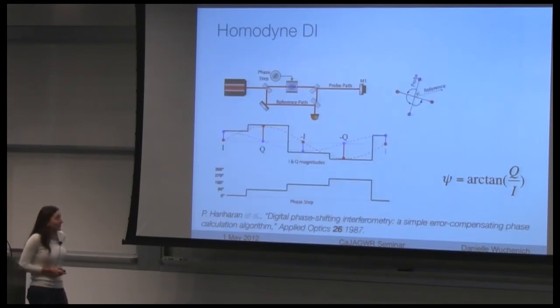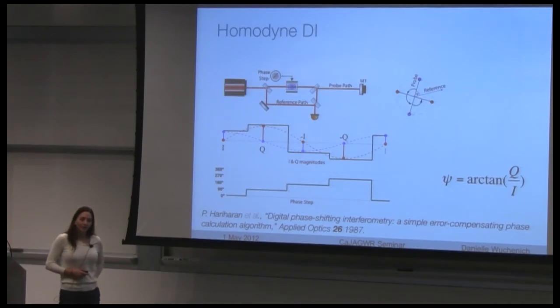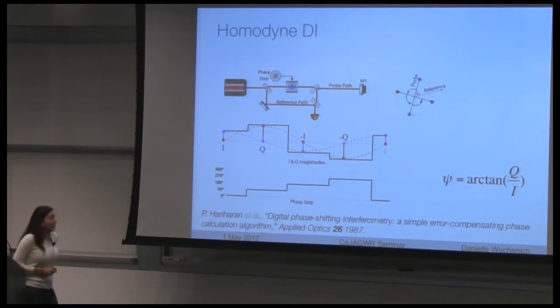The other way that you could do it, and this is what this next generation DI is, is to remove that requirement for having a heterodyne readout. So going to a more homodyne based readout. We've gotten rid of the AOM, or the frequency offset, and we can jump back and forth between quadratures using a phase modulator.